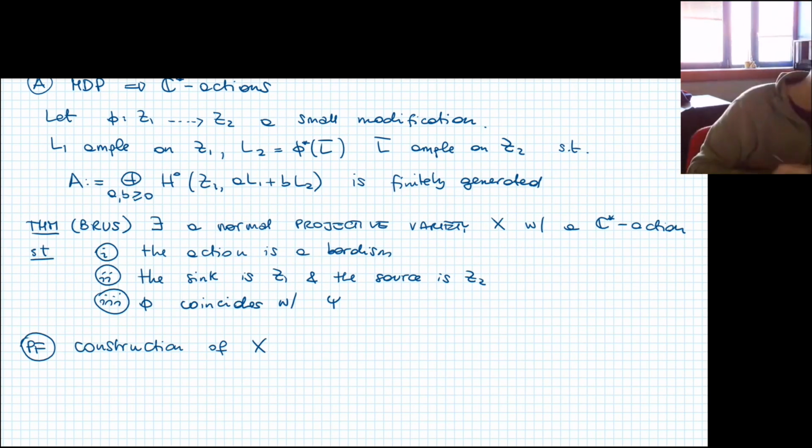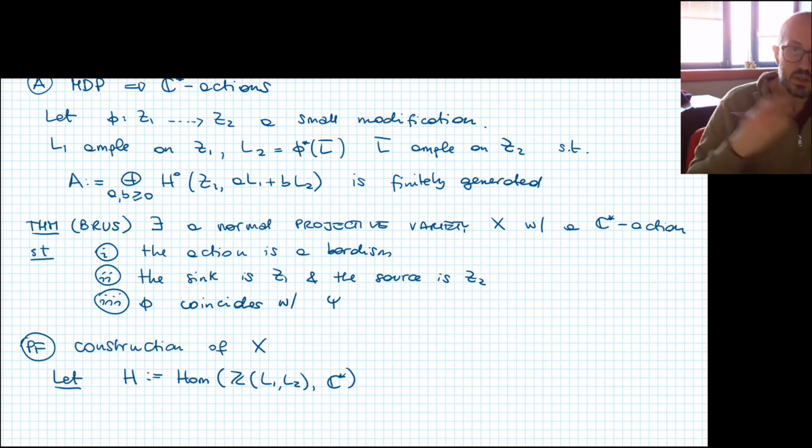So if you pick H, the homomorphism of Z L1, L2 to C star, this is a complex two-dimensional torus.